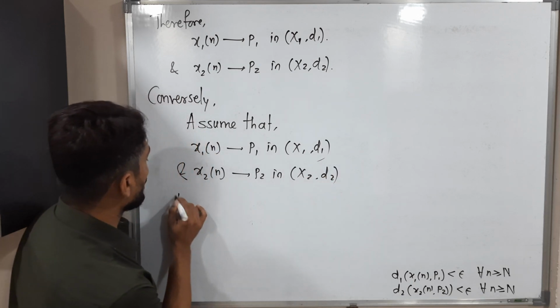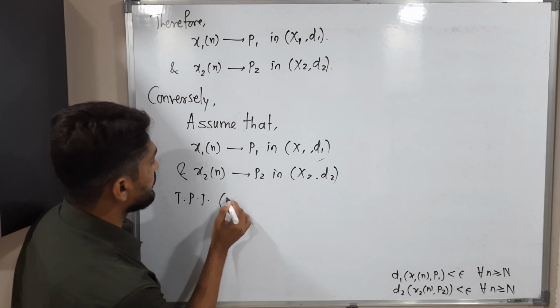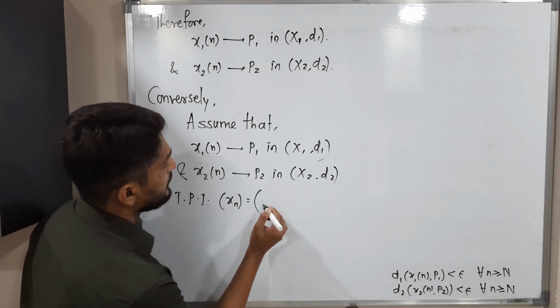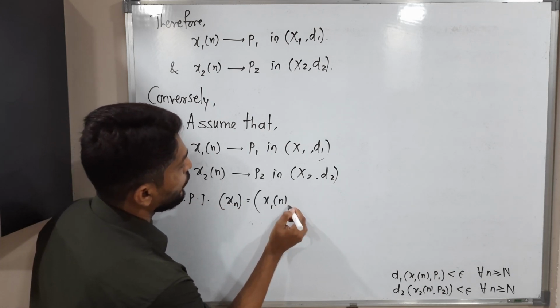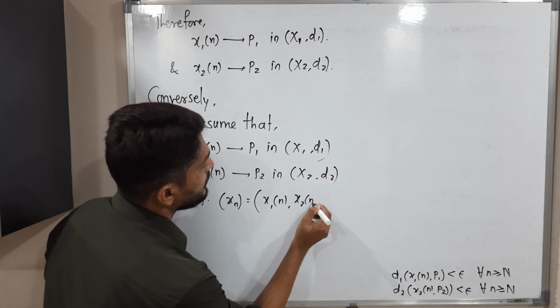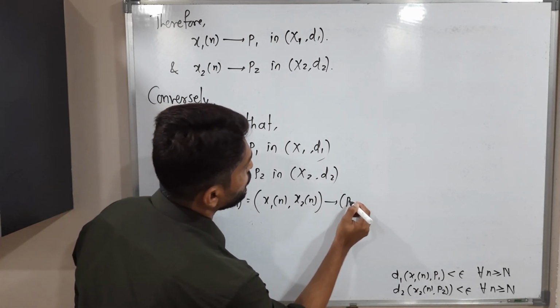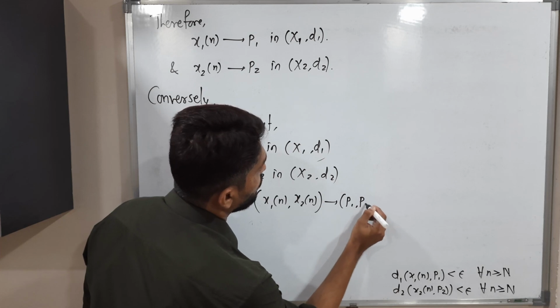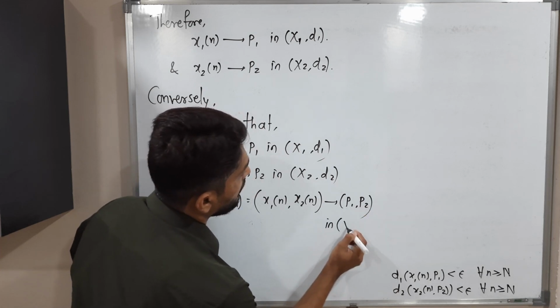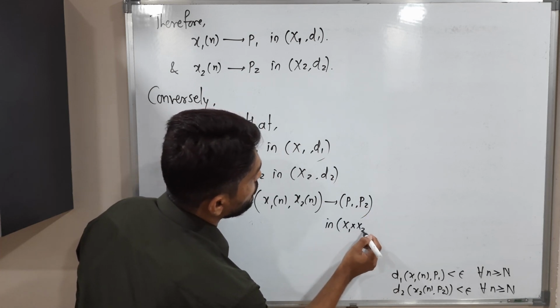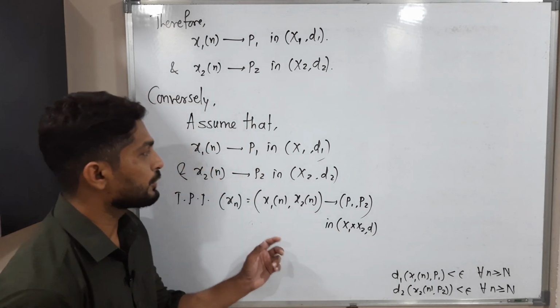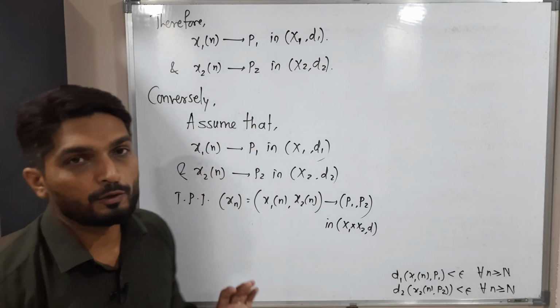And what we have to prove now is that the sequence xn, that means x1n comma x2n having two components, converges to p1 comma p2 in x1 cross x2 d. So now we have to prove the converse part. This thing we have assumed and this thing we have to prove.